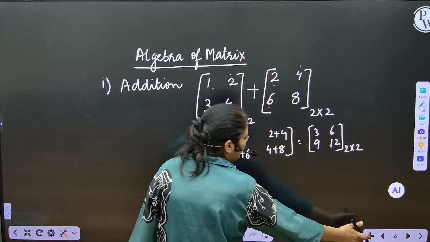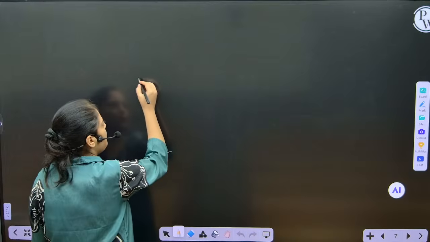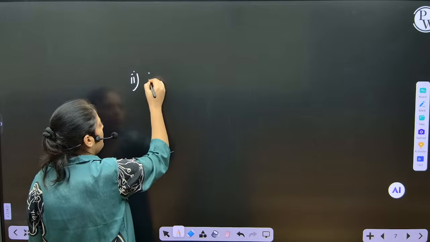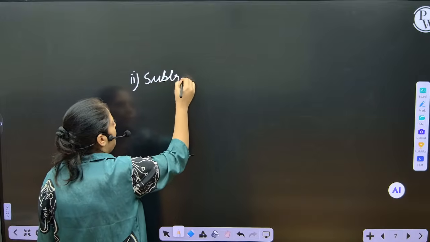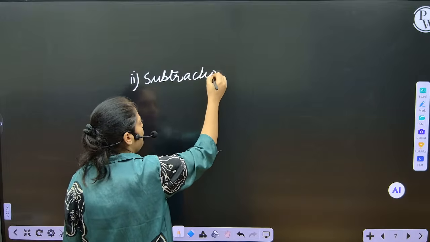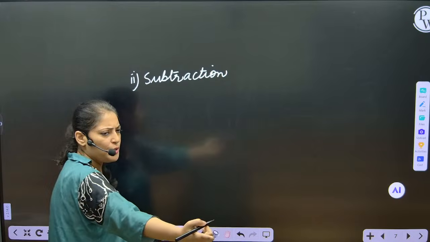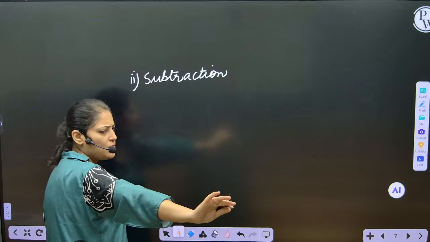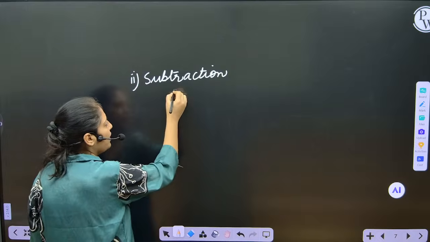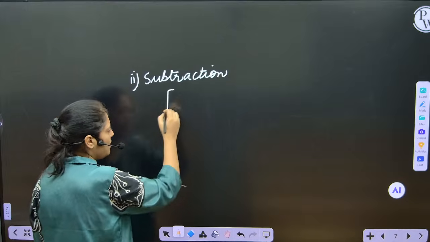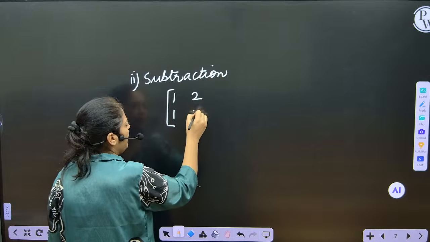Next, similarly, I'll do subtraction. Subtraction, simply the same thing. The order should be the same. Corresponding elements we have to subtract. Suppose I am taking a matrix 1, 2, 1, 5.